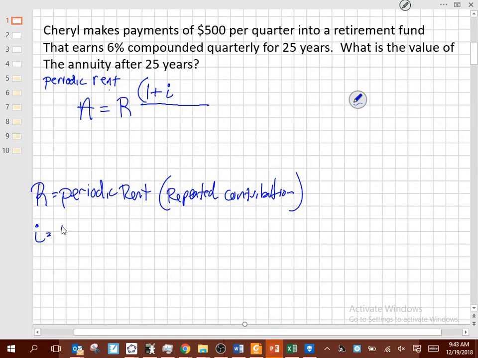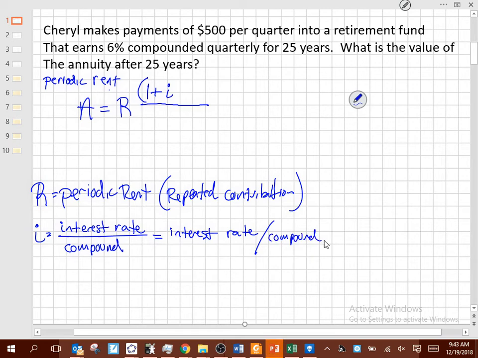This is the interest rate per compound, meaning you take the interest rate and divide by how many times you're going to compound per year.